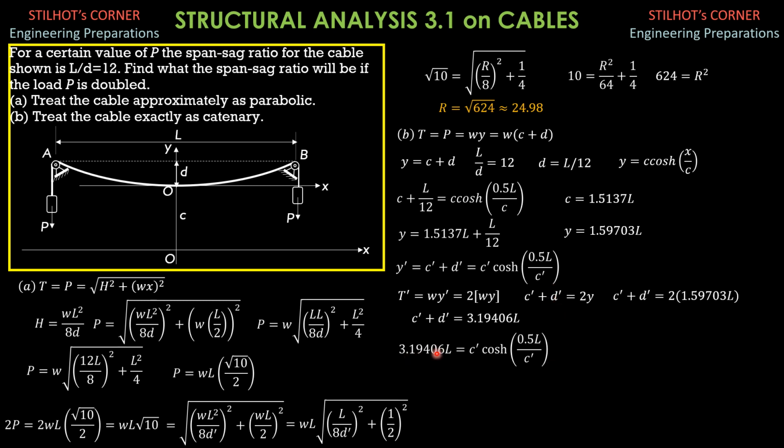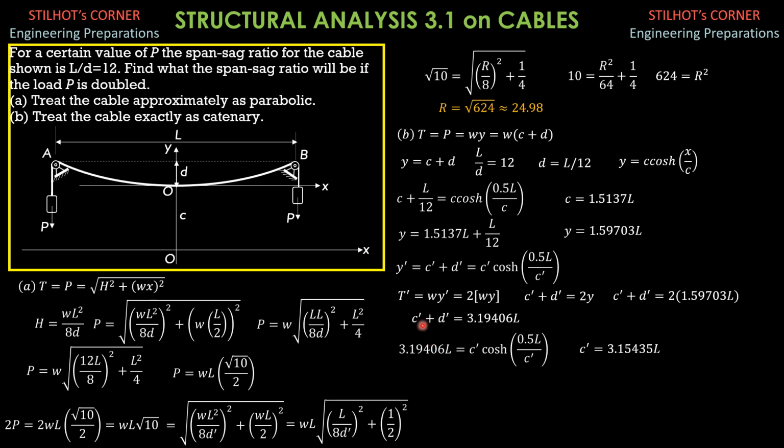So from there, we can estimate the value of C prime in terms of L. So just like what we did in here, we imagine that L is 1. So supposedly C prime is in terms of L. So using the calculator, C prime is equal to 3.15435 of L.